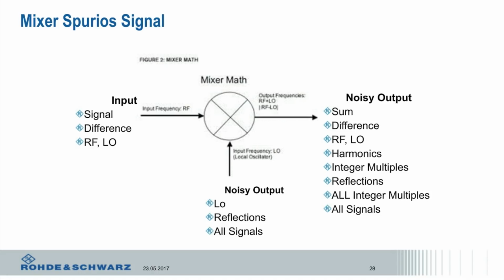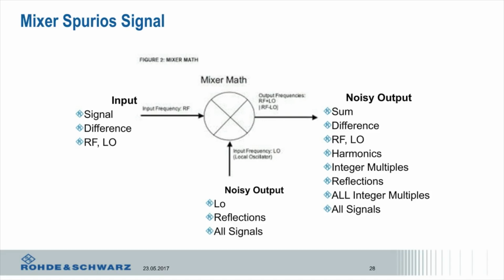That's typically the desired signal. For example, if I had a signal at 2 gigahertz and I wanted to get down to 100 megahertz, I'd put in an LO of 1.9 gigahertz, which gets me to 100 megahertz, which is 2 gig minus 1.9.